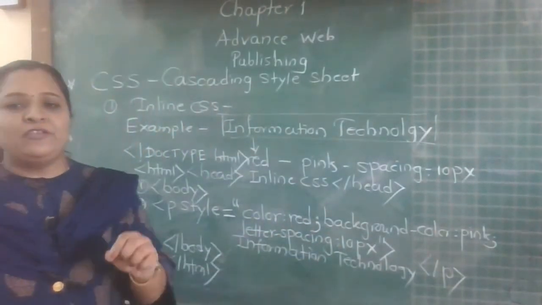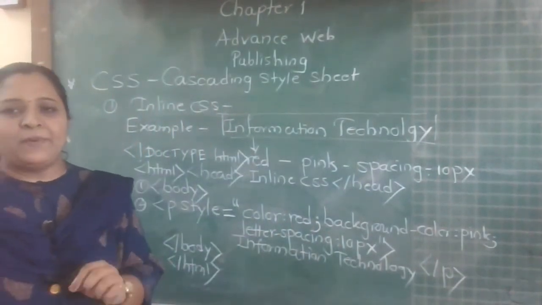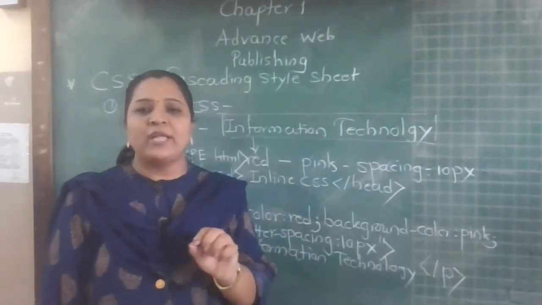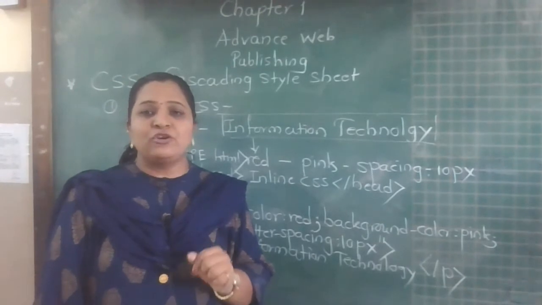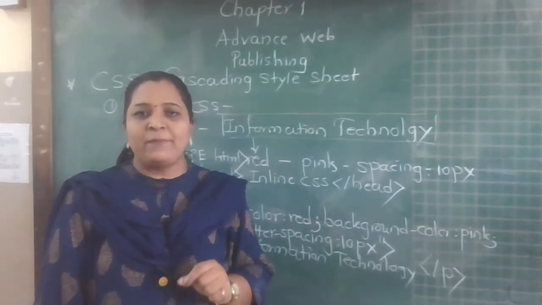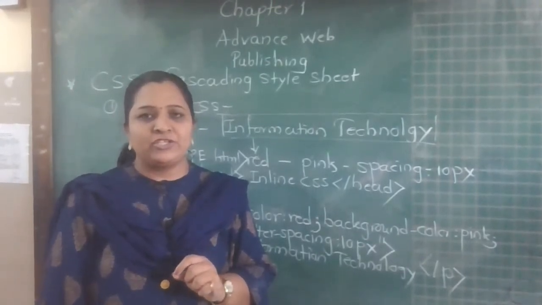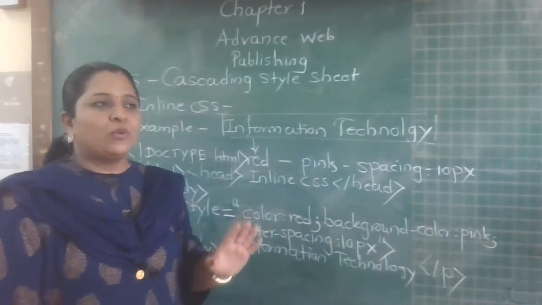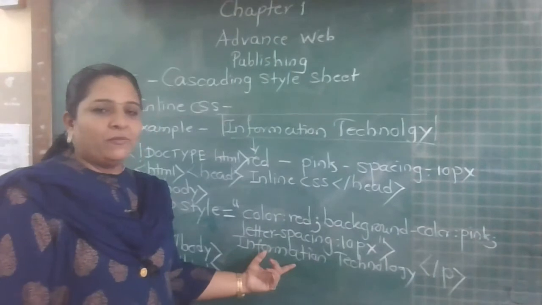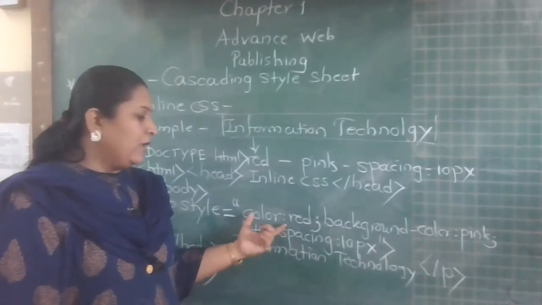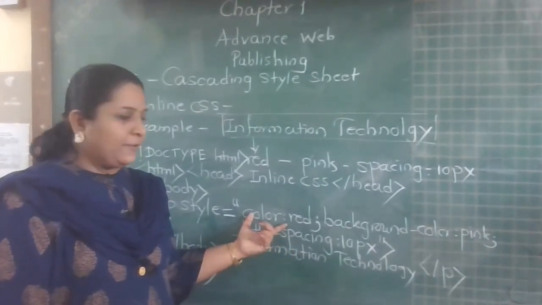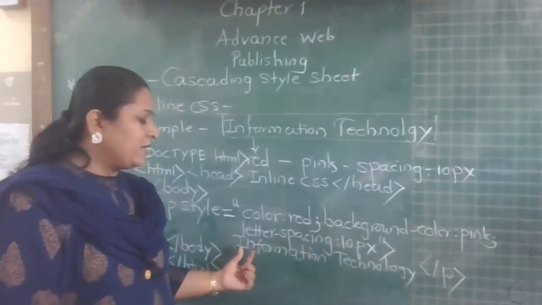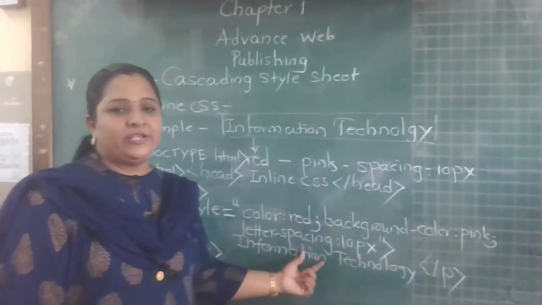When you save this web page, for example as inline css.html, don't forget to save the page with the .html extension. When you run this in Internet Explorer, you can see for information technology the text color as red, the background color as pink, and the spacing between each letter.